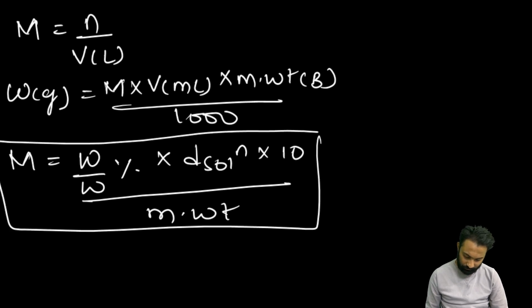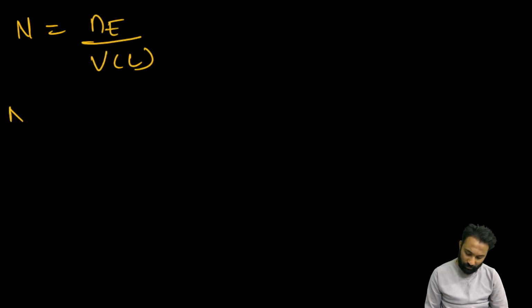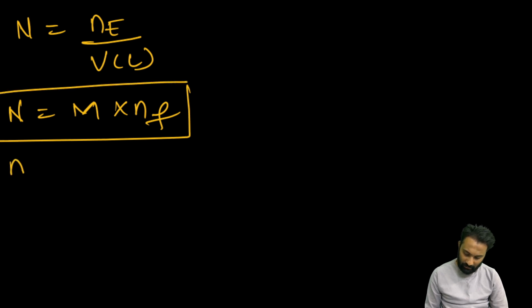Next formula. We have seen normality, which is gram equivalents by volume in liter. N is equal to molarity into N factor, and gram equivalents is equal to number of moles into N factor.